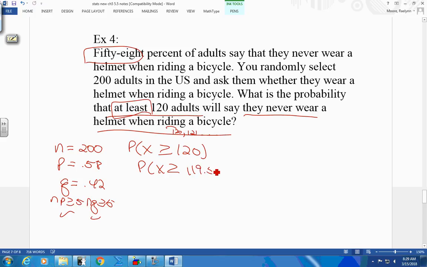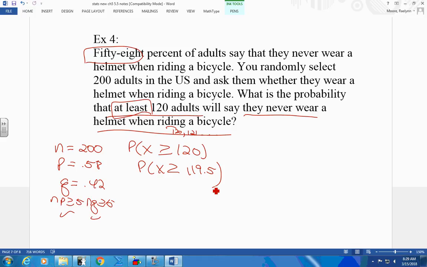Will I ever hit 119.5? No. Do I need to worry about that? No. So here's a case in point with the equal sign. I tend to keep whatever sign is in the original one. Does it matter? No, because I'm never going to hit that anyway. Your book always goes to without the equal sign, but it doesn't matter there anyway. So either way you want to go with that is fine.